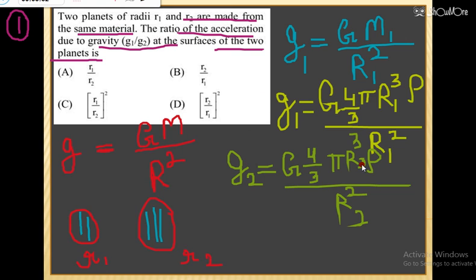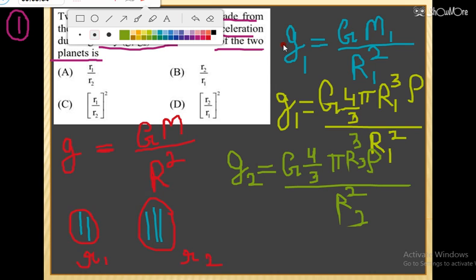So now we have the two equations g1 and g2, and if I divide g1 by g2, then I will definitely get the answer. So dividing g1 by g2, G, 4 by 3 will cancel out, pi will also cancel out, density will also cancel out, so R1 cube by R1 square remains, simply R1 by R2.